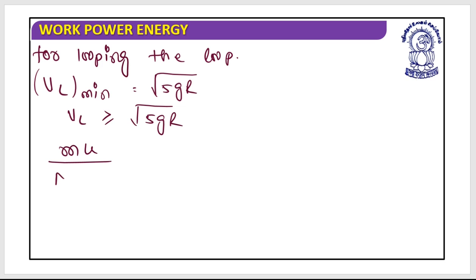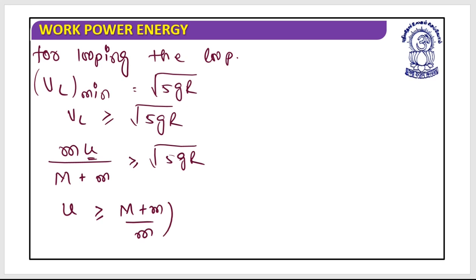It is m into u divided by (m plus M), which should be greater than or equal to root of 5gL. So while I'm working for u, it's the initial velocity that I'm looking for. So u should be greater than or equal to (m plus M) divided by m multiplied by root of 5gL. I hope this is clear.